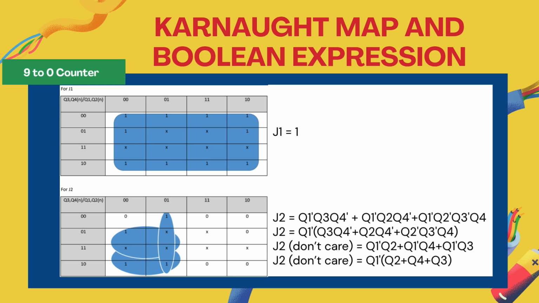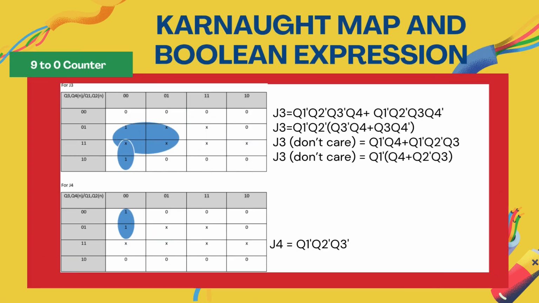Next, we focus on the 9 to 0 counter. This part is more complex as it involves four JK flip-flops. For instance, J2 was simplified to Q1 complement times (Q2 plus Q4 plus Q3), and J3 became Q1 complement times (Q4 plus Q2 complement times Q3).